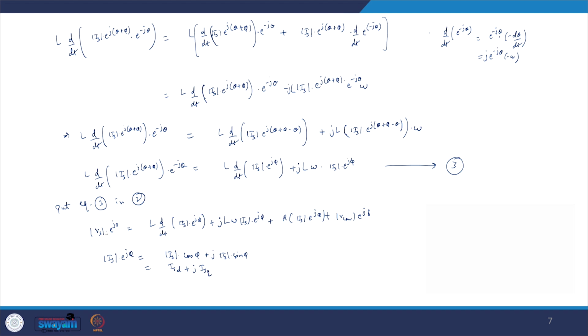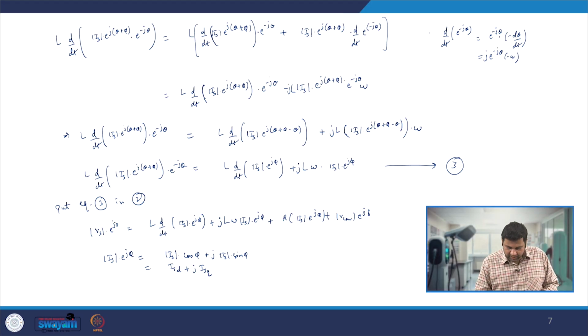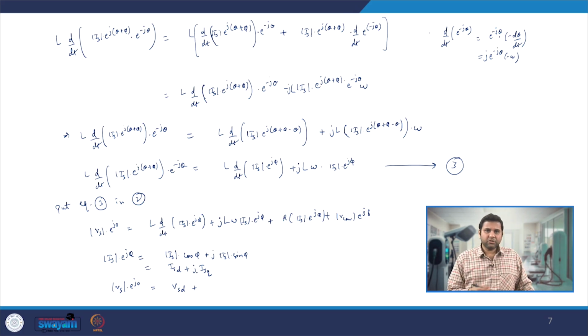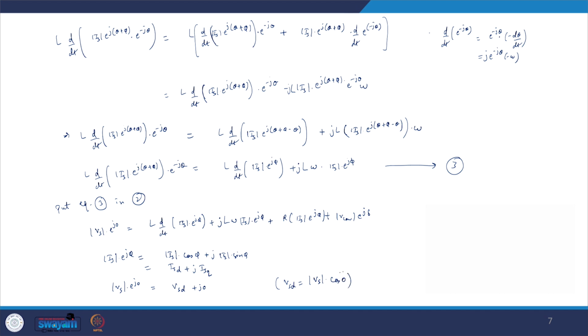And we know that this is nothing but the modulus, or the magnitude of voltage space vector, angle e^j0, which is nothing but Vsd plus j sin 0, which is 0, so Vsd, where Vsd is nothing but modulus Vs cos of 0.